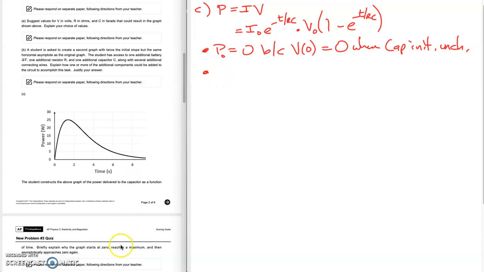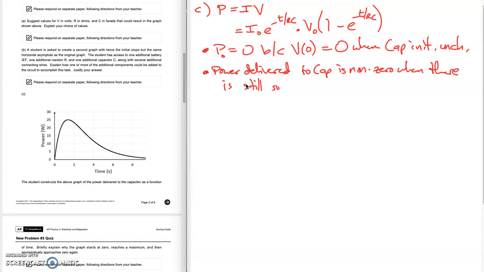Important point number 2, reaches a maximum. Power delivered to the cap is non-zero when there is still some current, because that current is going to be exponentially decaying right here.